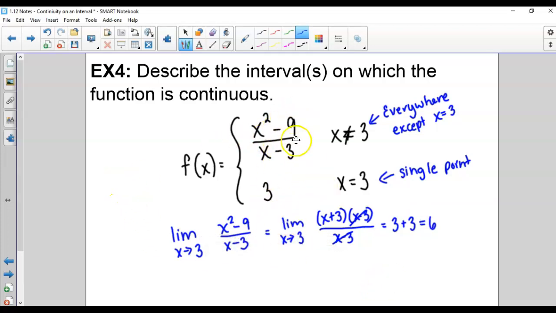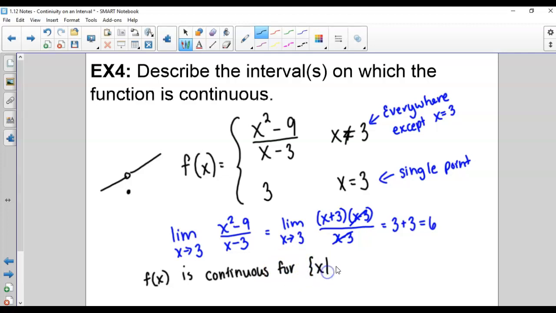So is this going to be continuous at 3? It is not. What we've got there is a lot like that one that we had on the graph. We've got a hole in the graph, and then we've got a point down below it. So this is not continuous at 3. So you could say f of x is continuous for x such that x does not equal 3.